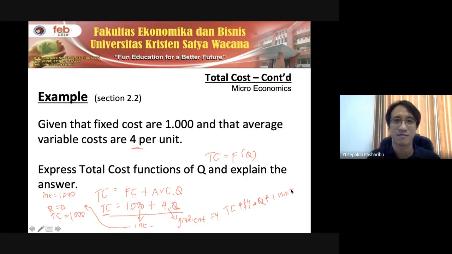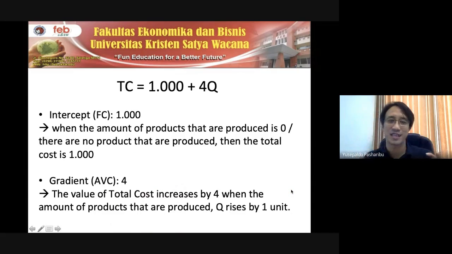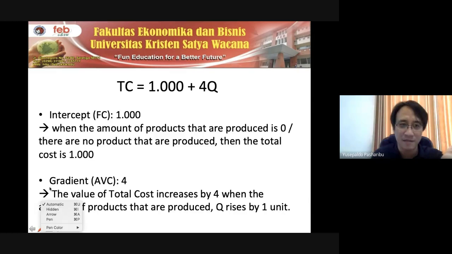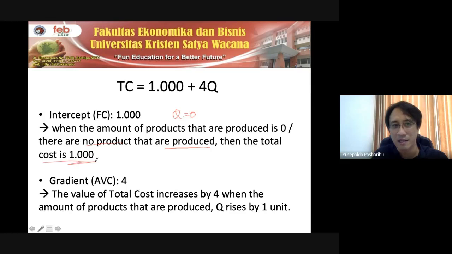This is a clearer explanation. Intercept is 1,000. When the amount of product produced is 0, no production, that means the quantity equals 0, then the total cost is still 1,000 because this is the fixed cost.